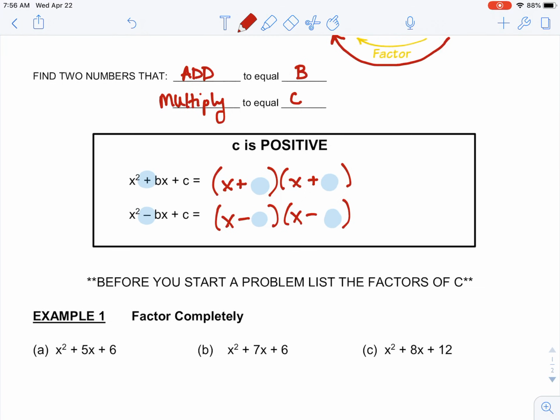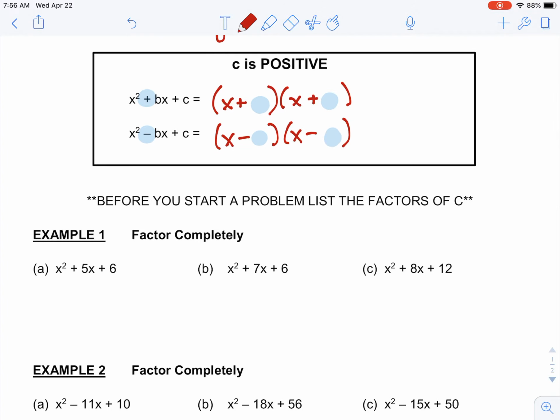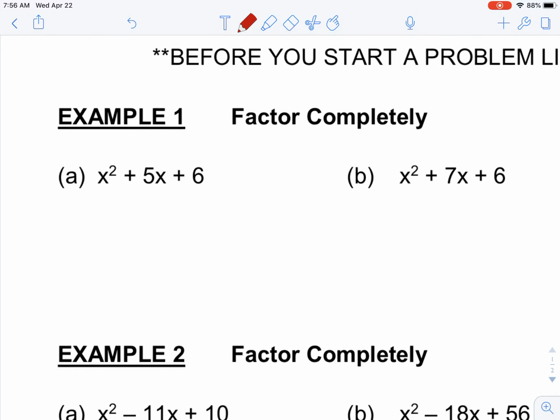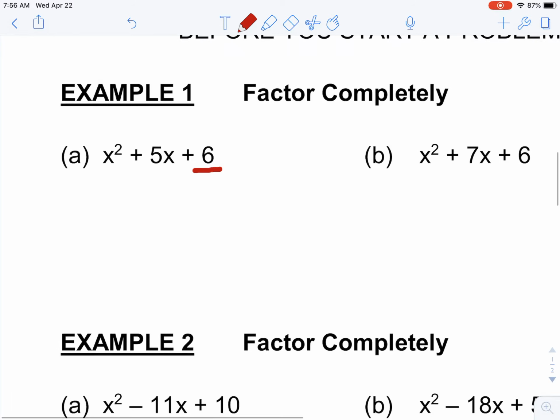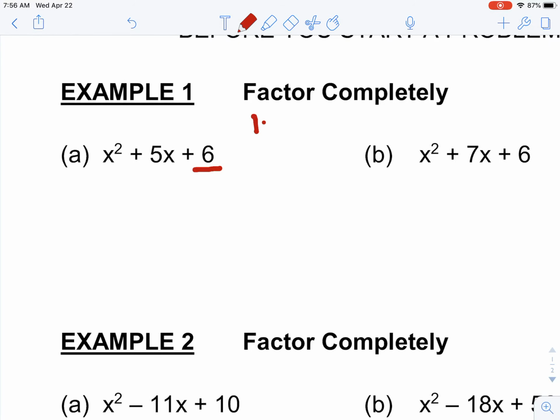So let's look at some examples. When we start, we're going to look at example 1, A. The first thing we do is look for the factors of c, so the factors of 6. So we have 1 and 6, and 2 and 3. So that's our first step.